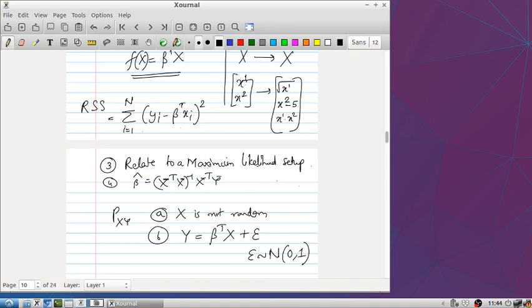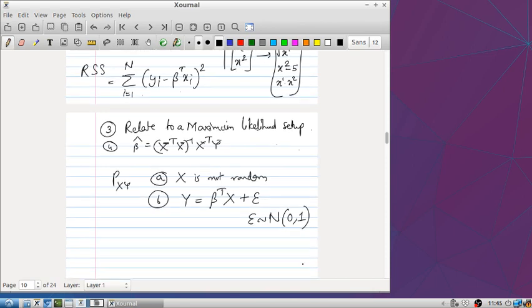All I'm saying is, given an x, the way y gets generated is that you compute beta transpose x for some given beta. And then you add an epsilon, you draw a number from this normal distribution, you add that to this number, and that would be your realization of y. So of course, for the same x, you can have different realizations of y, because I can get different numbers here. So y is random. This is some assumption that I'm making.